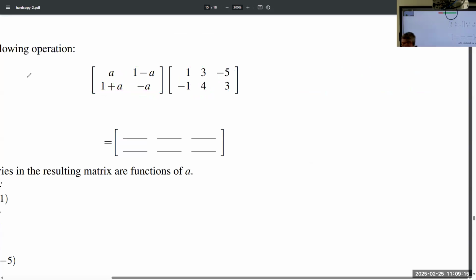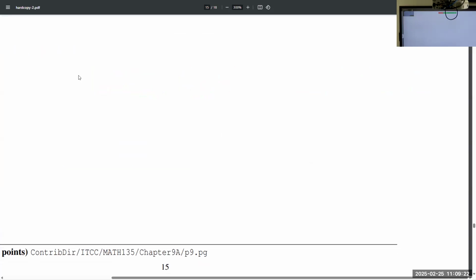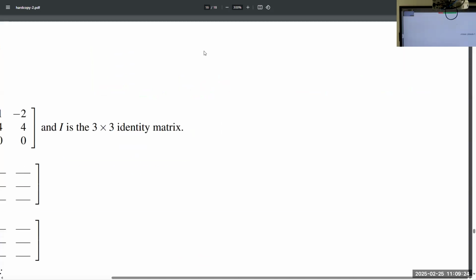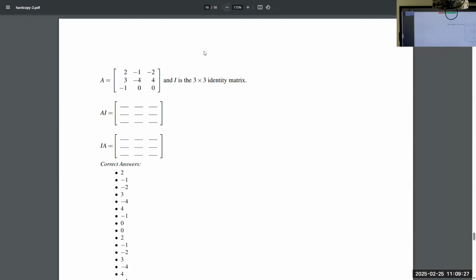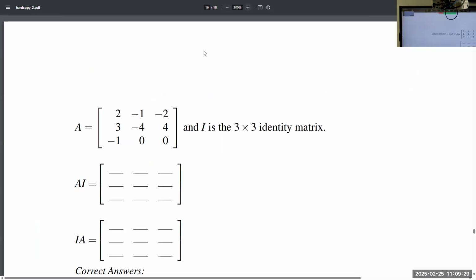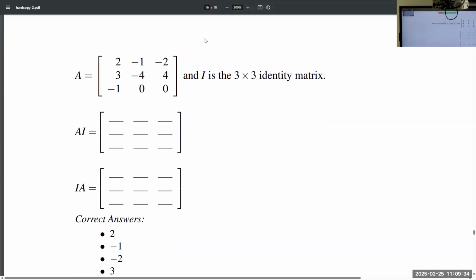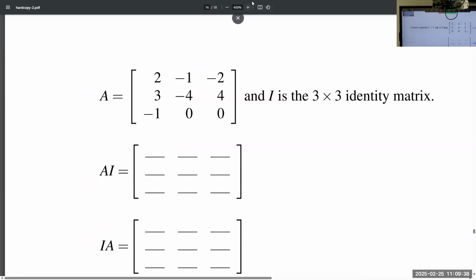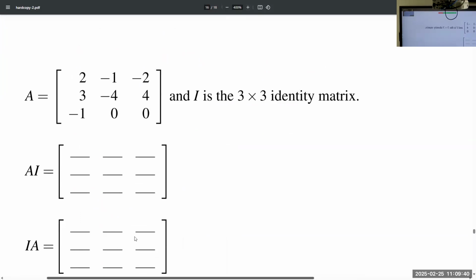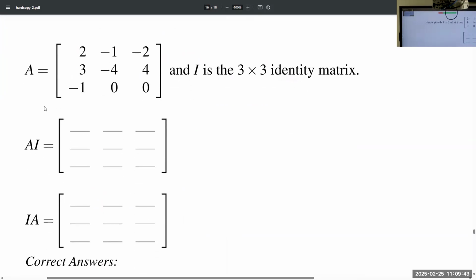Let's see if I fix. This one's the identity matrix.